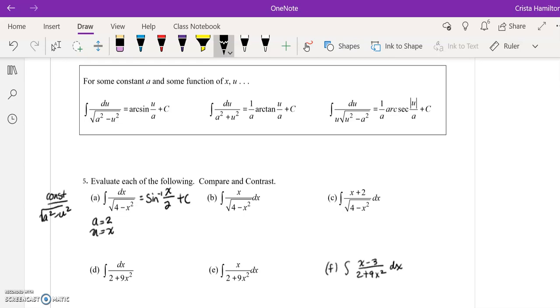But look at the difference over here in b. Notice it's not a constant over the square root of a squared minus u squared. It's got an x on it. Whenever I see that type of thing, this is not inverse trig. You're going to use a u sub on this problem. It could be any constant times x, but basically we're looking at a linear term over the square root of a squared minus u squared.